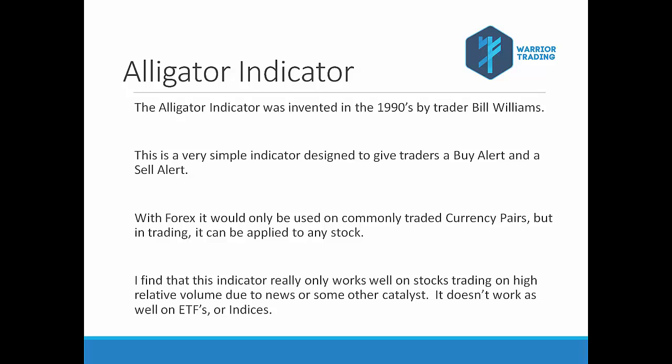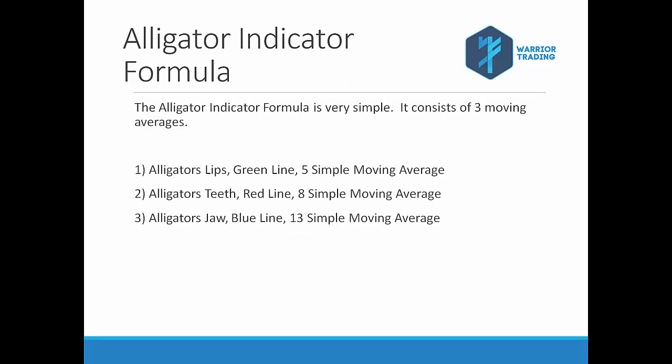So stocks like indices or ETFs, those types of things, for me just don't really seem to respond well to the alligator indicator, and neither do stocks that have really low volume. Now, at the same time, my whole trading strategy is based on trading stocks with high volume. So I may be a little bit biased there, but I still think it works better on those types of stocks.